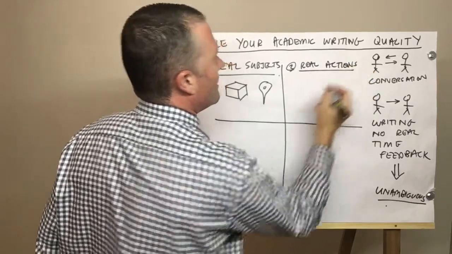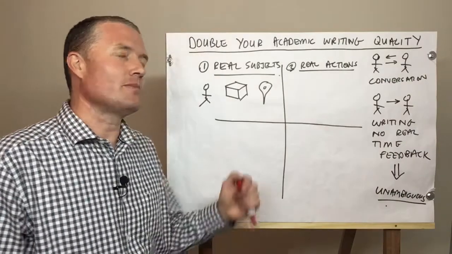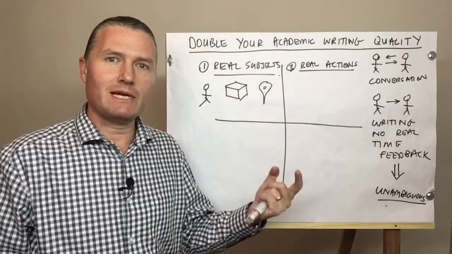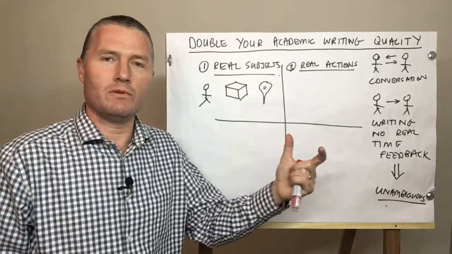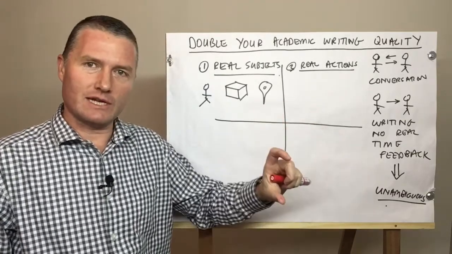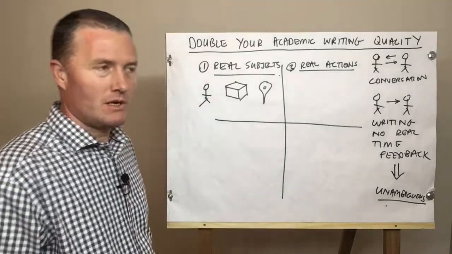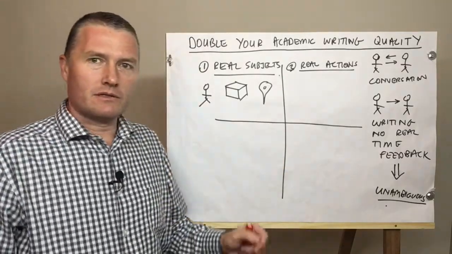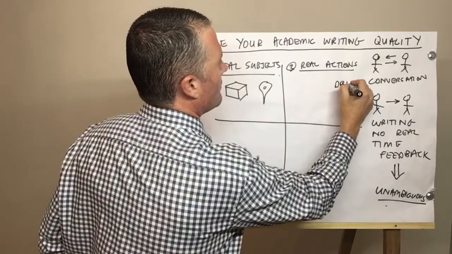Now, this one is an interesting one because we tend to nominalize actions. So we tend to take a verb and convert it into a noun. So let's go through a couple of examples. We might talk about the decision, okay?